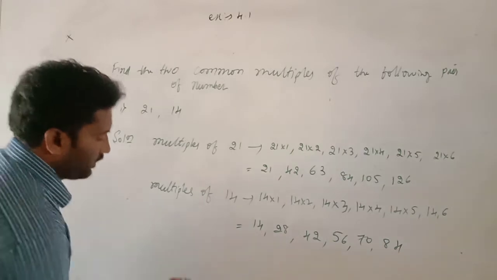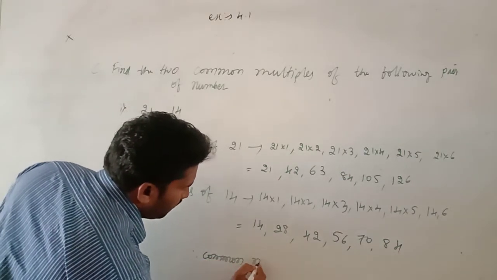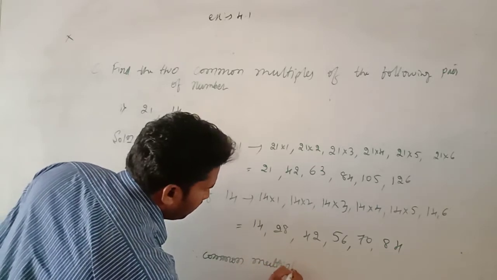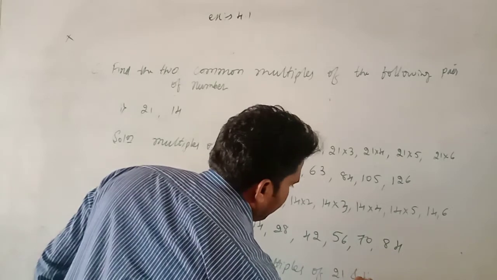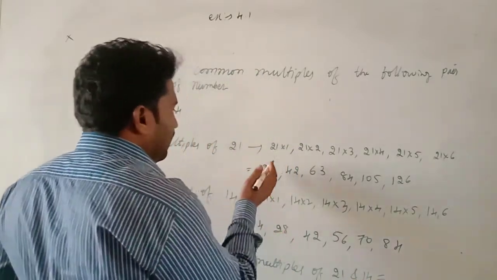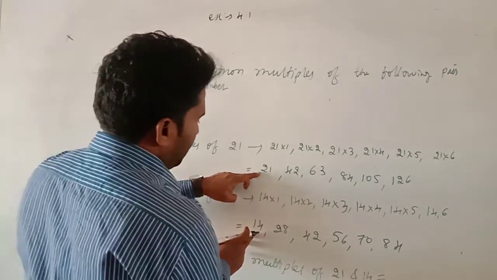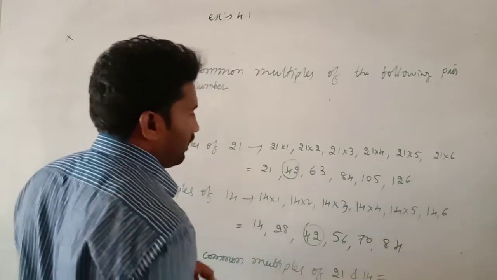So what are the common multiples of 21 and 14? 21 is not common, 42 and 42 are common.